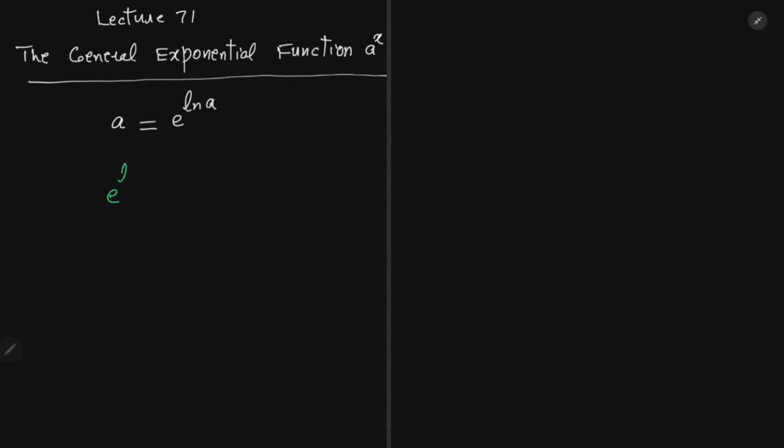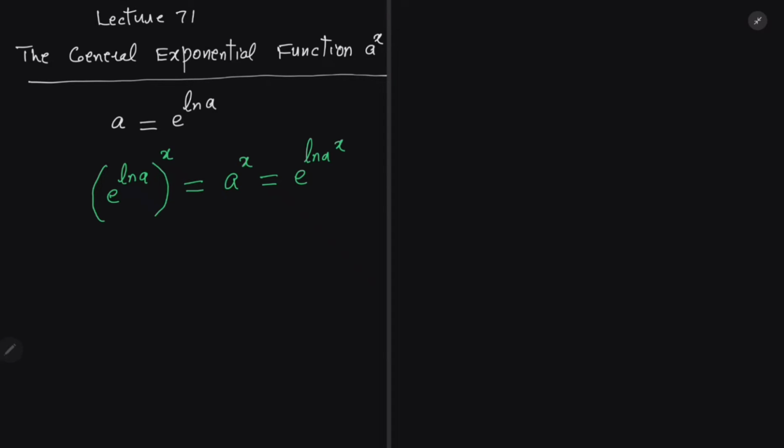If I take a raised to power of x on both sides, the right-hand side I can write as e raised to power natural log of a, all raised to power x.